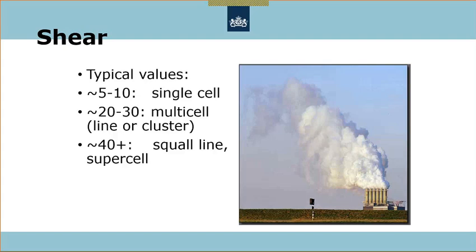And when you enlarge the amount of vertical wind shear, then you have a higher degree of organization, like a multicell. That can be a line or a cluster. And when you do have very high vertical wind shear values, then you end up with the squall line or even a supercell convection.